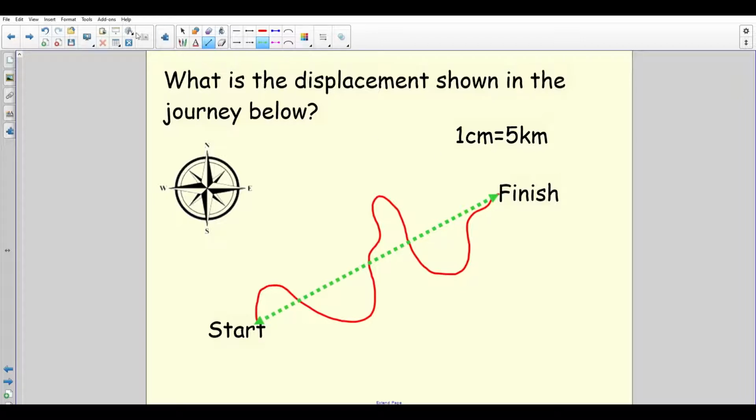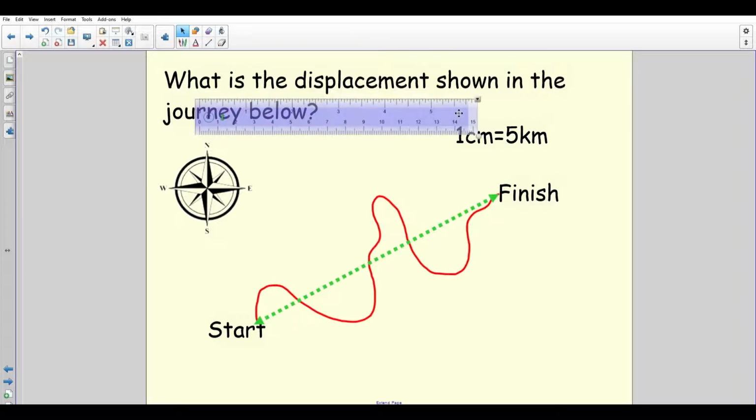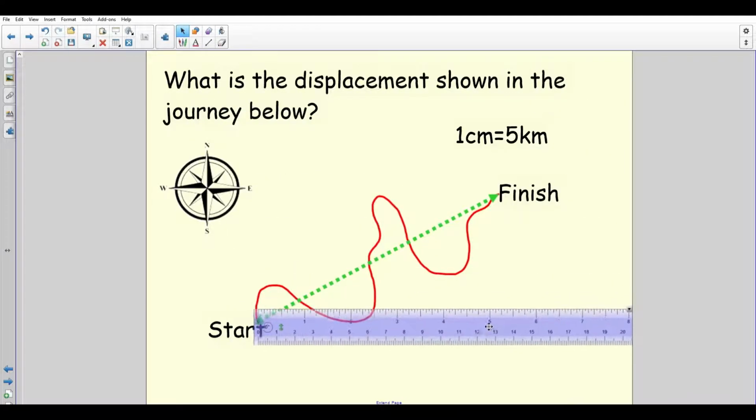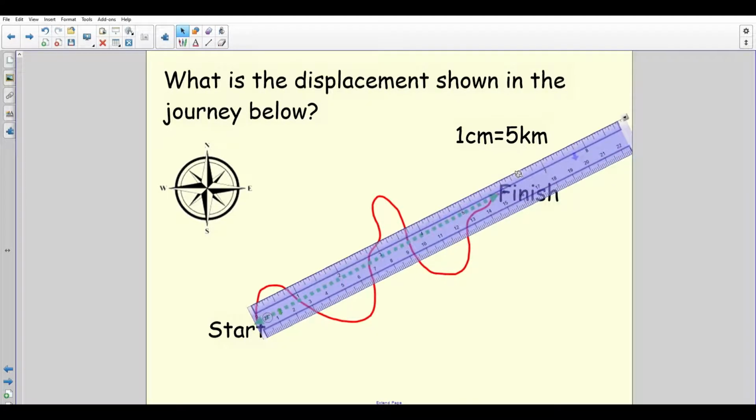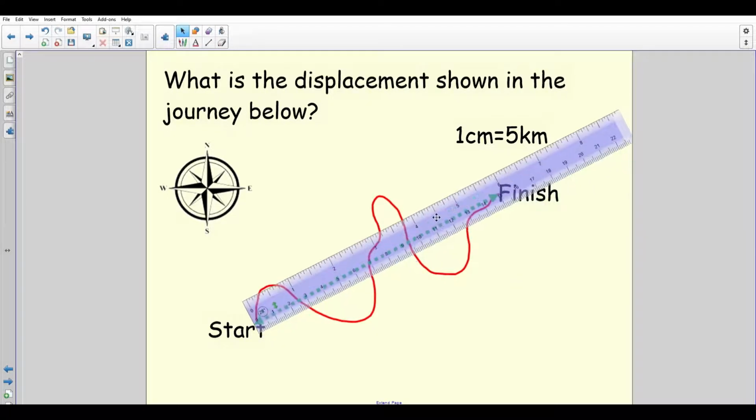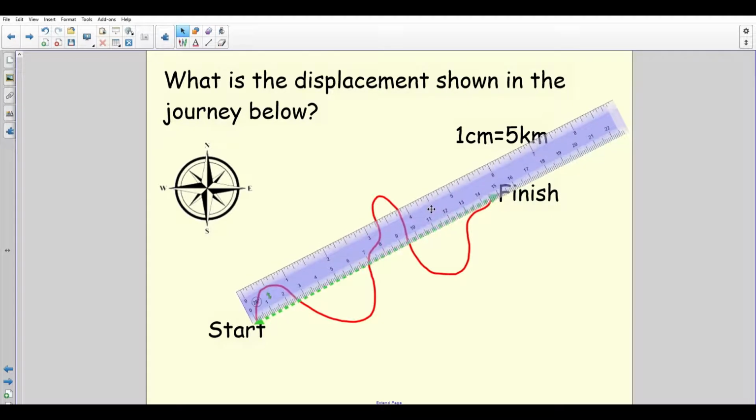Then we need to measure that line. So I am going to need a ruler, and I'm going to use that ruler to measure the distance. So put it at the start, and put that over there. I'm going to measure how long it took from start to finish.